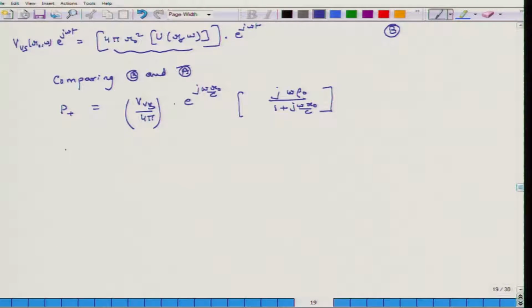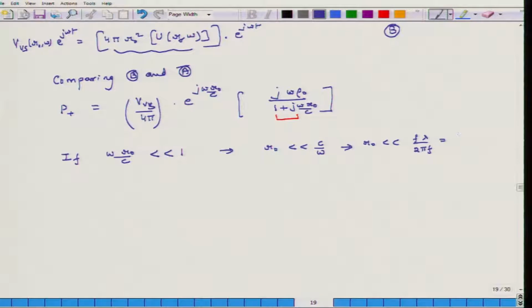Okay. Now, we make a simplification. If omega r naught over c is very small compared to 1, what are we doing? We are looking at these two terms and we are saying that omega r naught over c is very small compared to 1, that is r naught is extremely small compared to c over omega, which means r naught is very small compared to c. c is frequency times lambda and omega is 2 pi frequency.